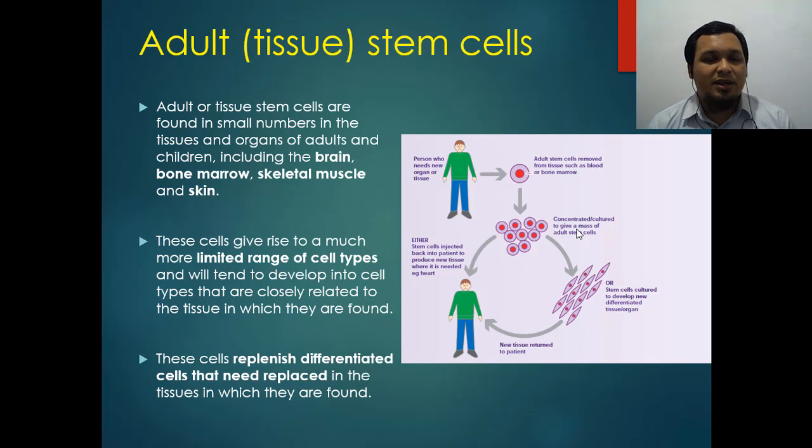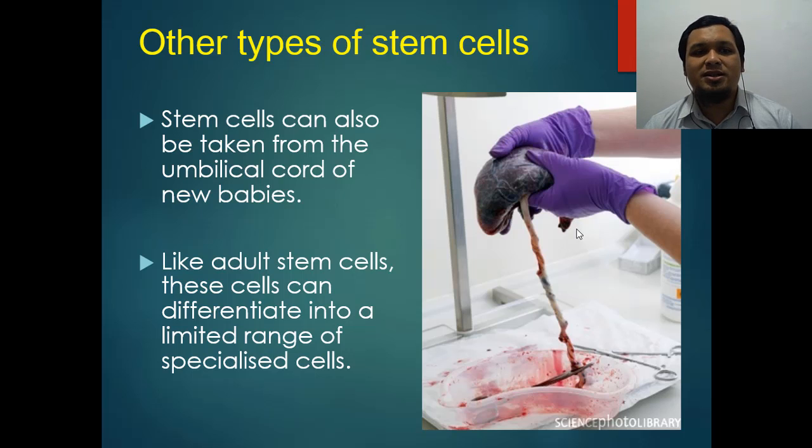That's why the capability is not as much as the embryonic stem cell. Another type is the stem cell that comes from the umbilical cord. When a new baby is born, don't throw away the cord, because the cord consists of blood, and the blood contains stem cells, which is very important.